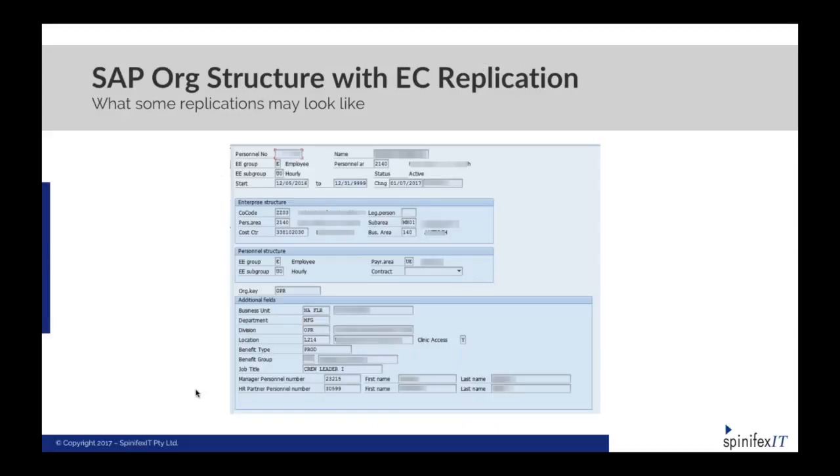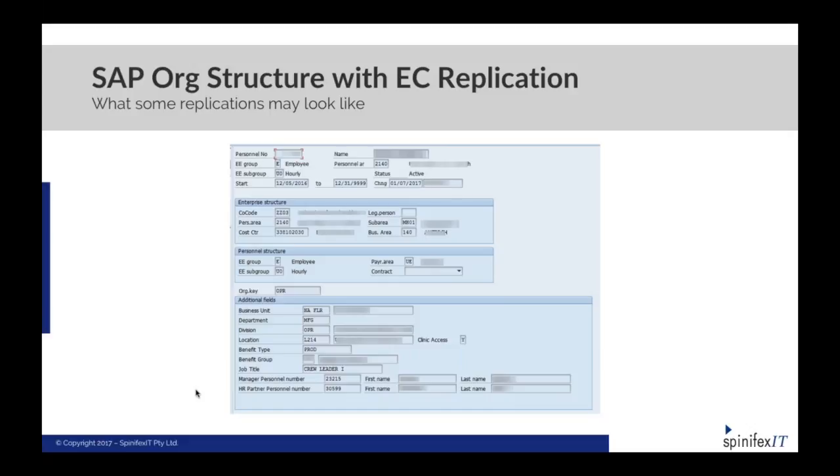So if we just jump through, okay. Let's talk a little bit more about the data. Here's another example where the customer is replicating certain data down from Employee Central. And you can see what they've had to do to make it match one-to-one is create a whole lot of different information on that infotype to match it up. They've had to create some custom fields, and now they're using point-to-point integration to pull that down, which is fine.